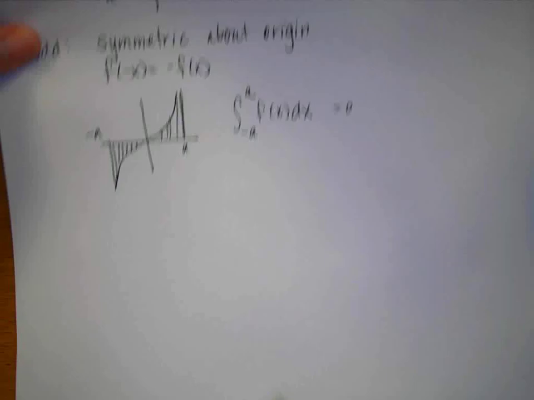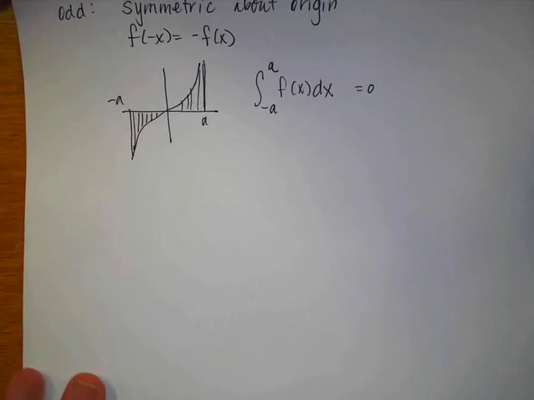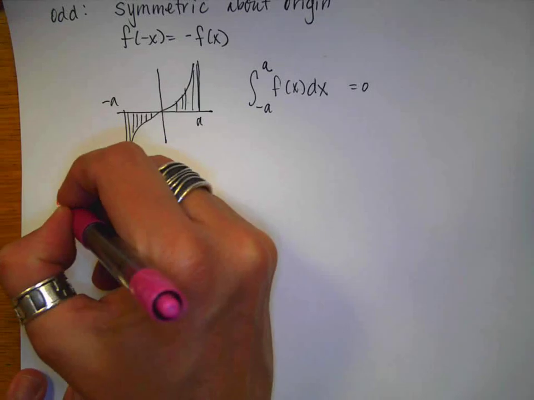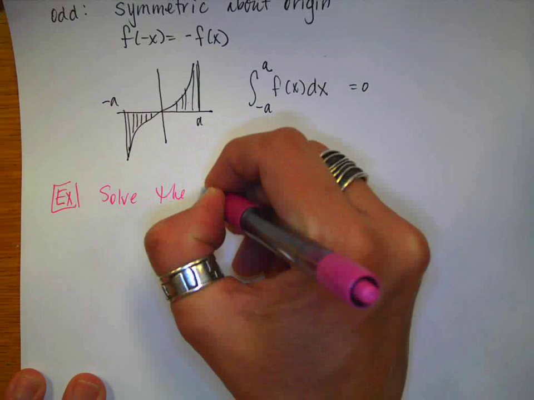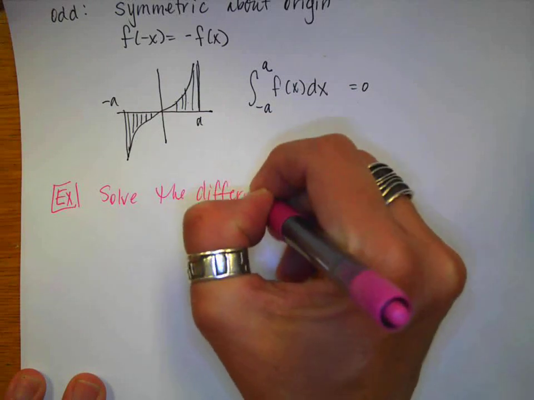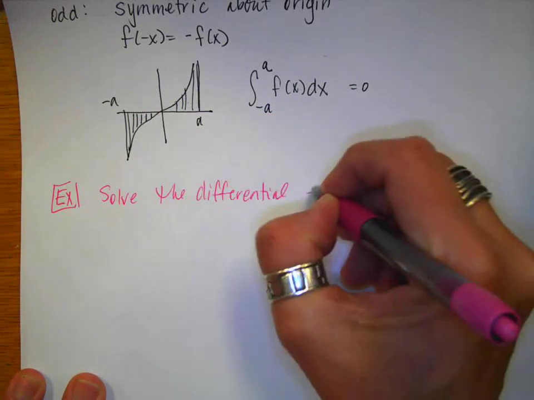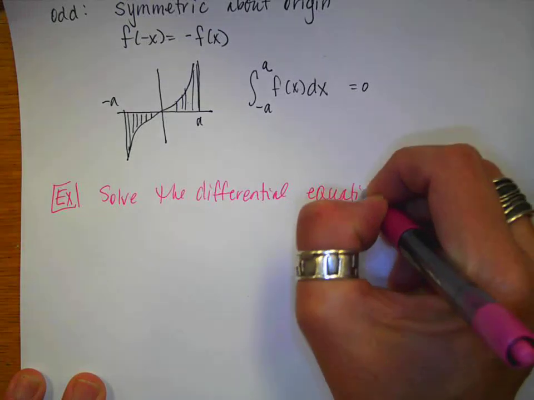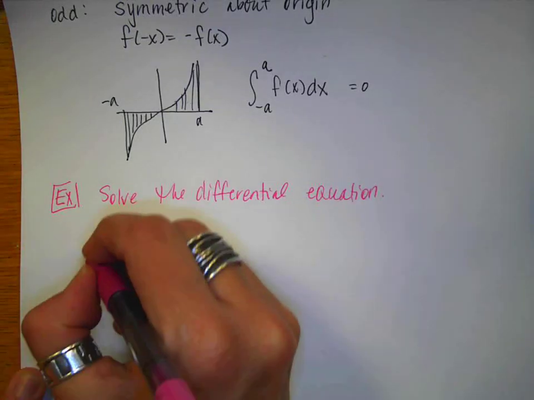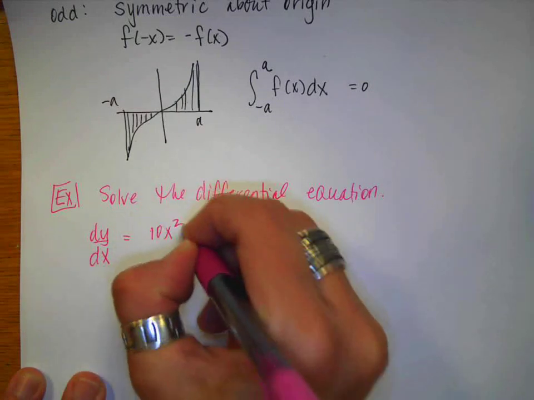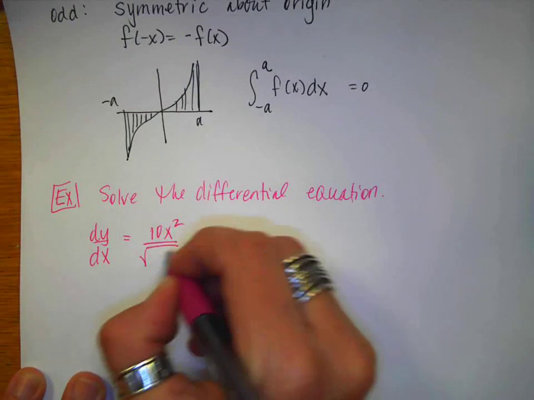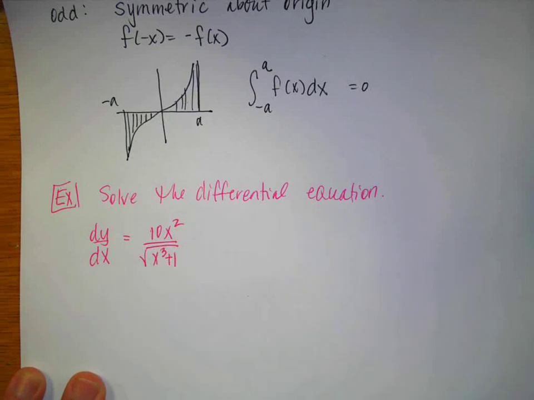Alrighty? Alright, I lied. One more last topic, and then we're really done. And it's just a simple problem. It's an application of what we've been doing. So this example is going to say solve the differential equation dy dx is equal to 10x squared over the square root of x cubed plus 1.